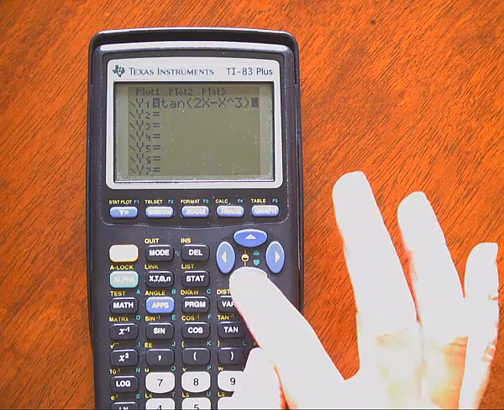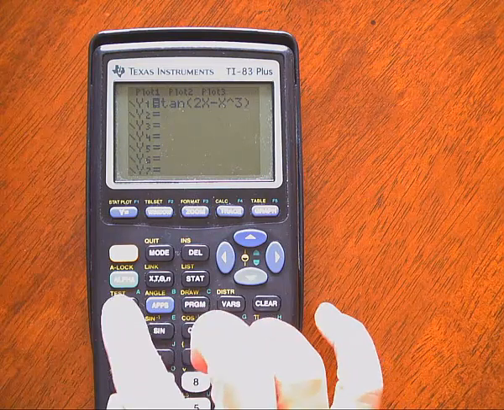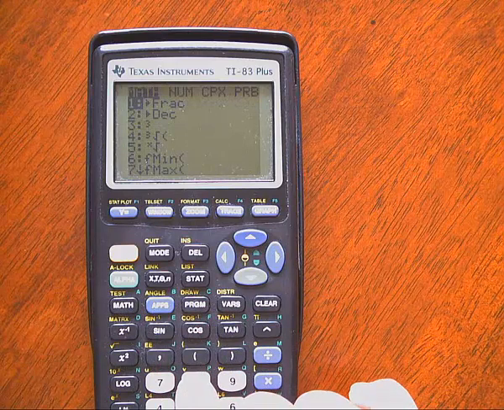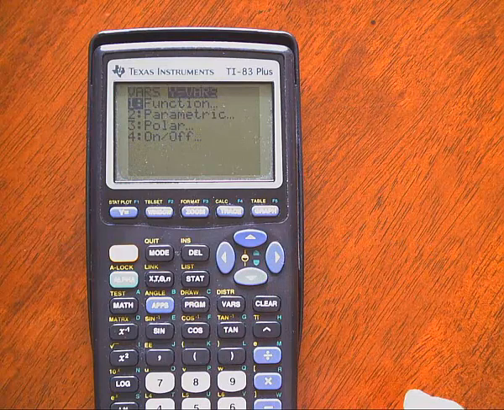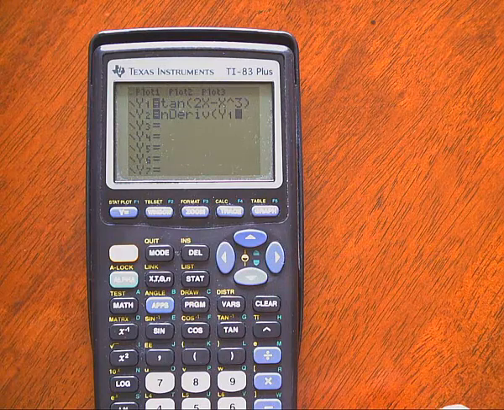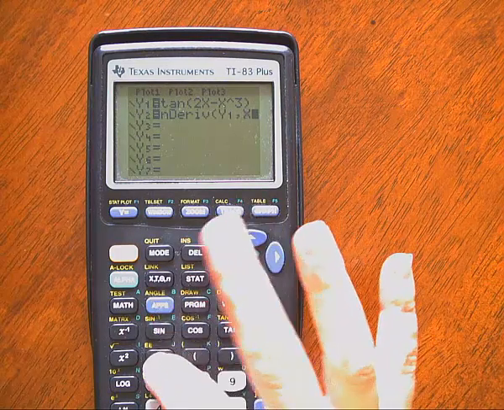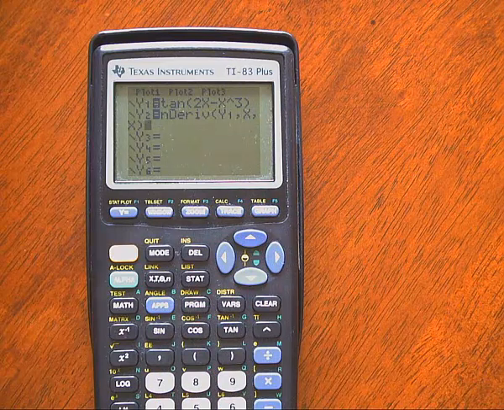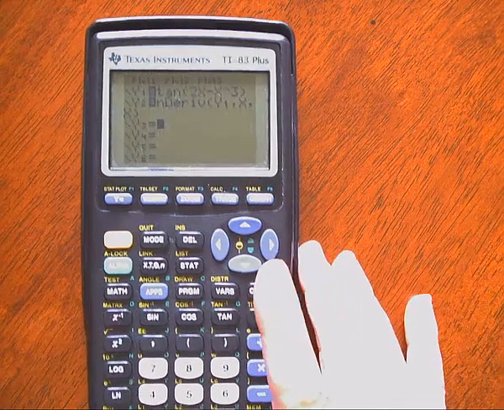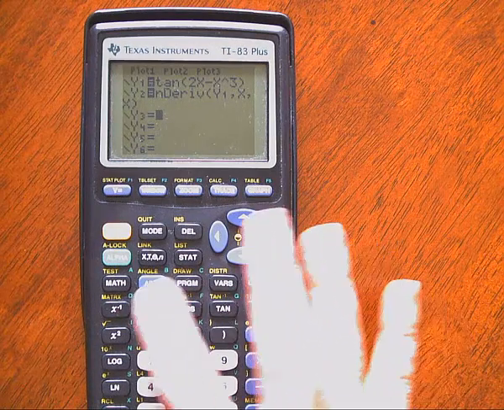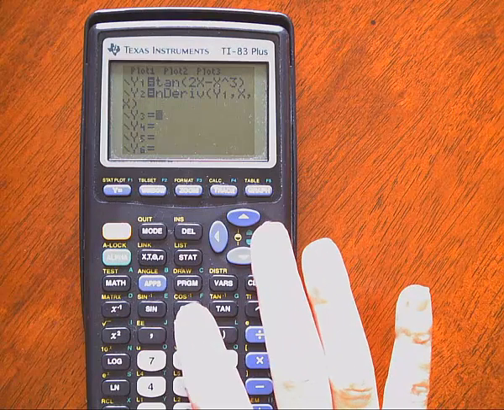Then we're going to go ahead and take the derivative of that by hitting math 8 for nDeriv of y1, so I do the whole vars thing, comma x, comma x. Then I'm going to type in the answer that I got, which was secant squared. Well, I notice there's no secant button on here, but I remember that secant was 1 over cosine.